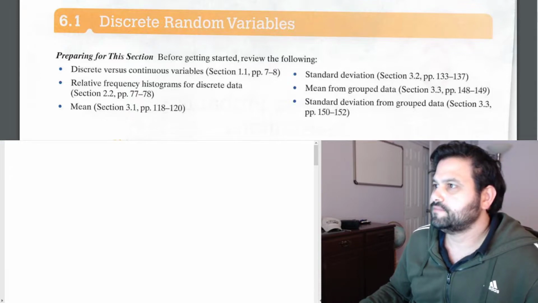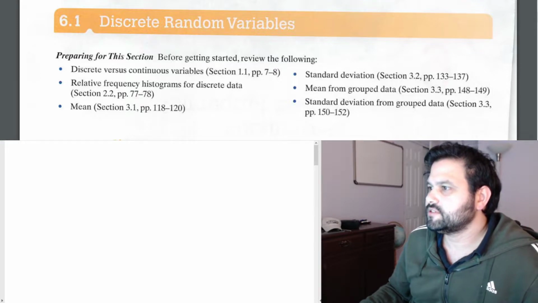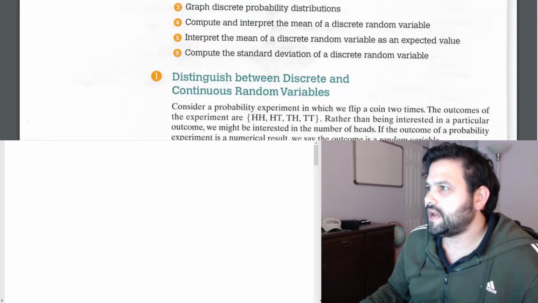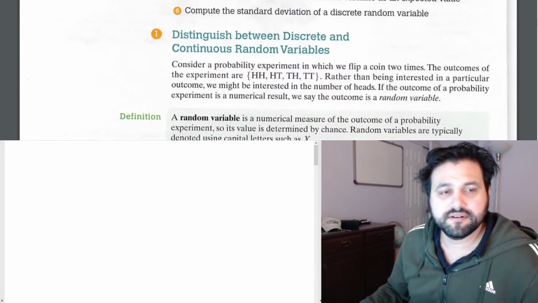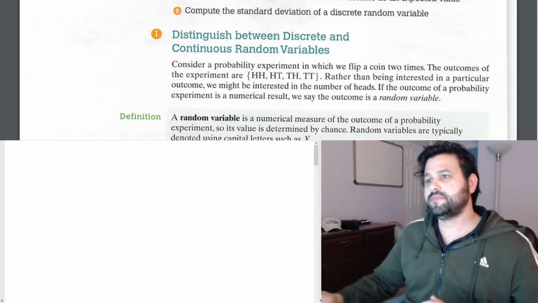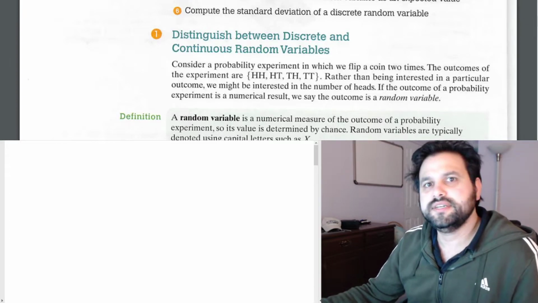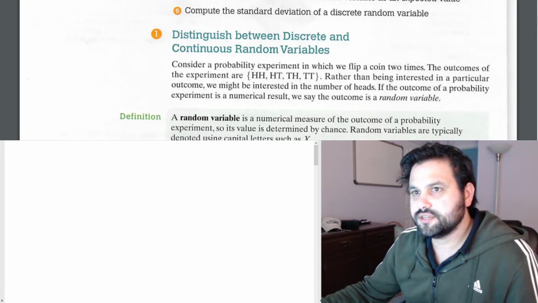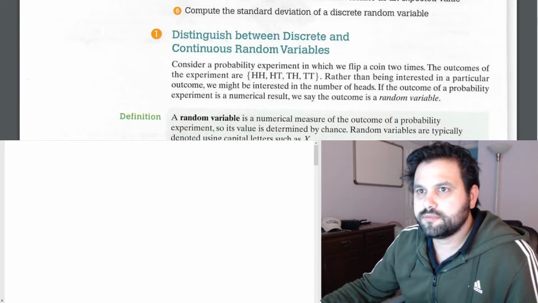So we got our discrete random variables, and if you remember way back to the beginning of the school year, we talked about that difference between discrete and continuous. So let's talk a little bit about that. That's not right. Hold on. There we go.